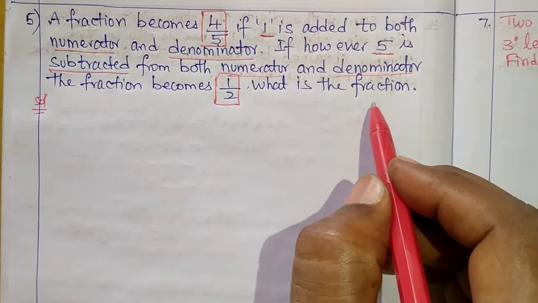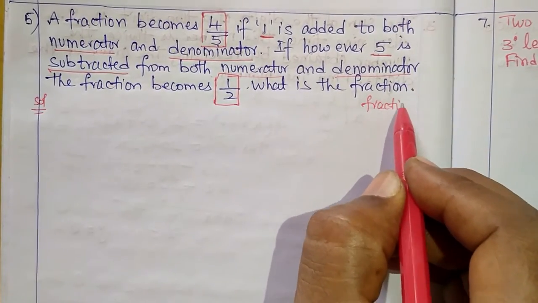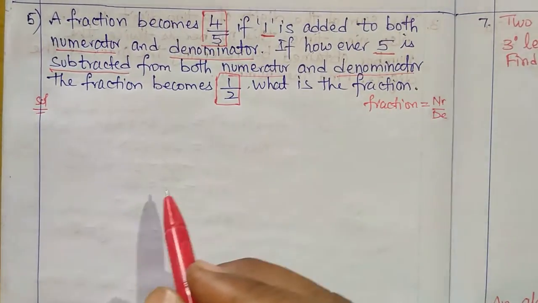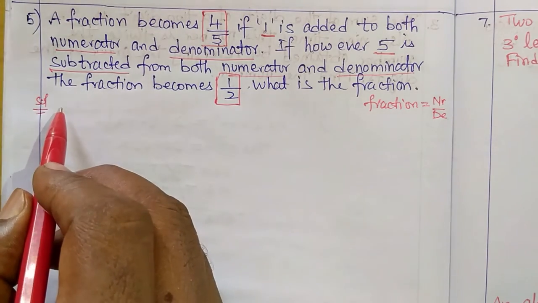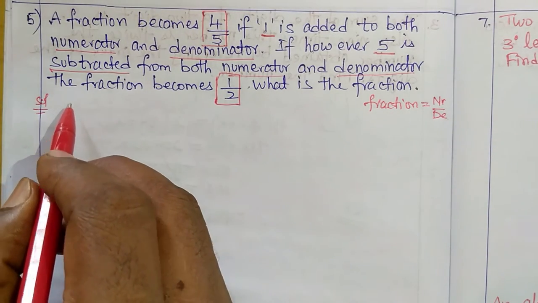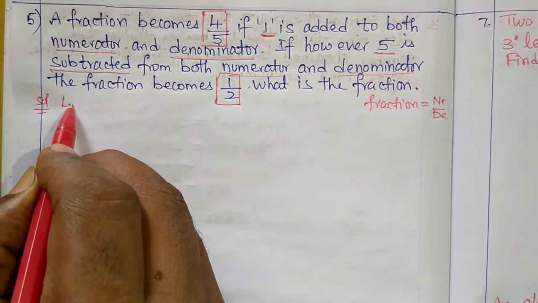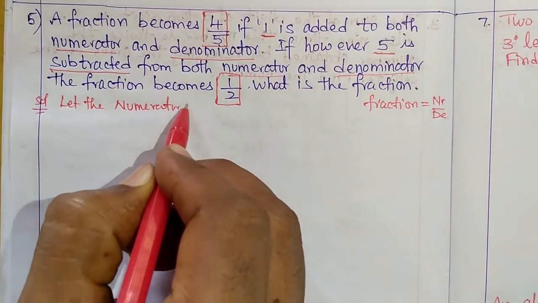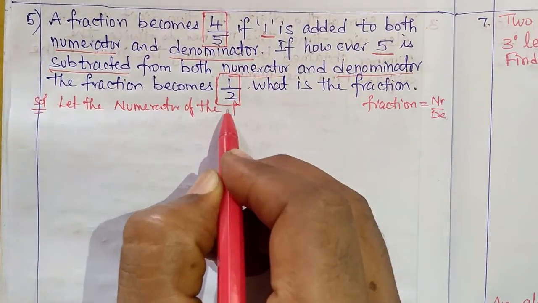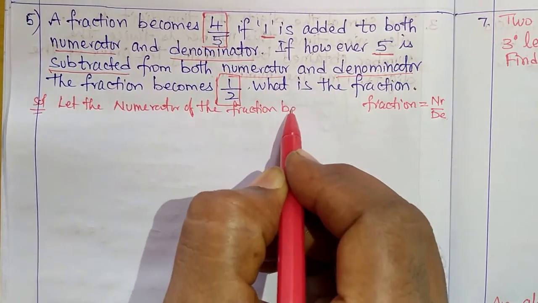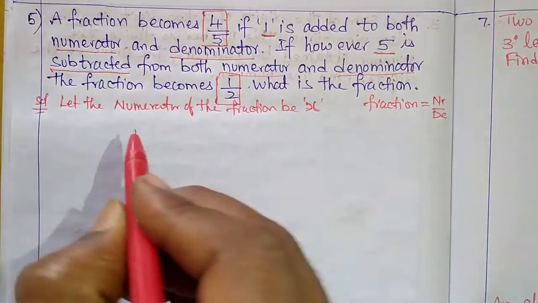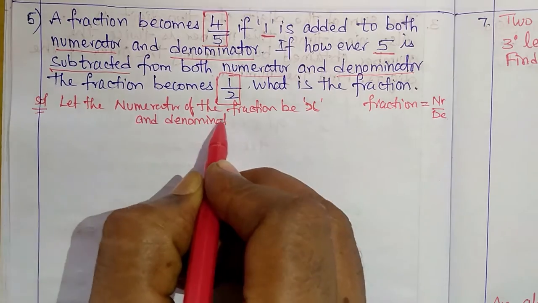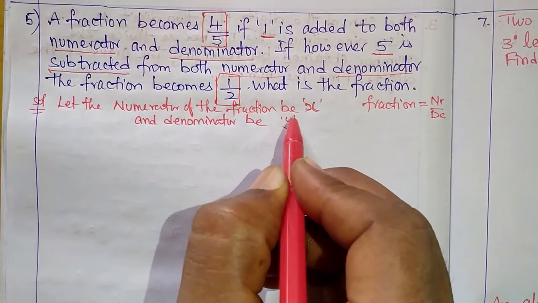So we know that a fraction will have a numerator and a denominator. Therefore, to solve this problem, let the numerator of the fraction be x, and the denominator be y.